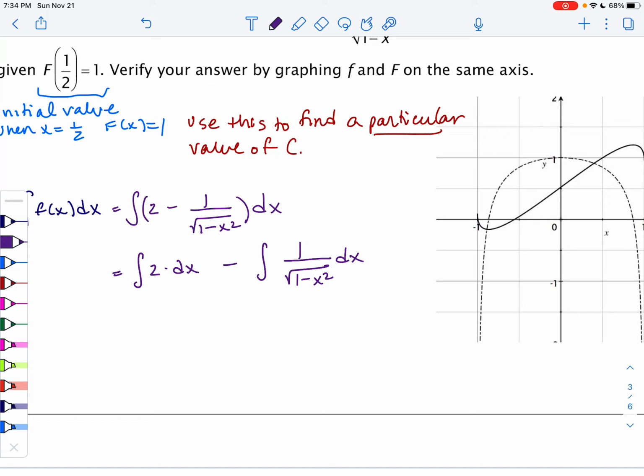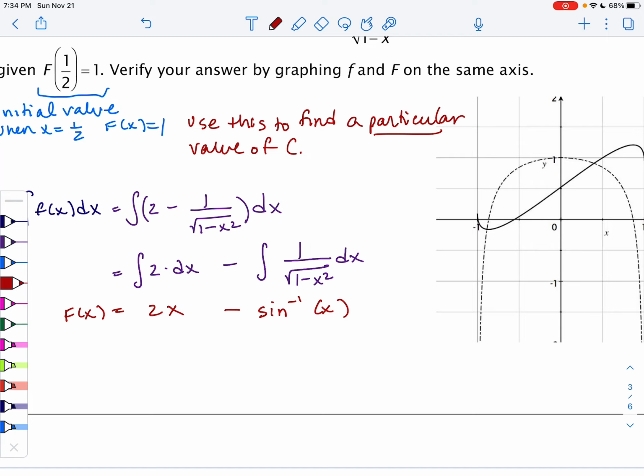Okay. Looking at the very first term, what function has derivative equal to 2? It's very easy for us to see that that is equal to 2x. For the second term, if you consult a basic table of integrals, or even the basic table of derivatives, what function has derivative equal to 1 over the square root of 1 minus x squared, we find that this is equal to the inverse sine of x.